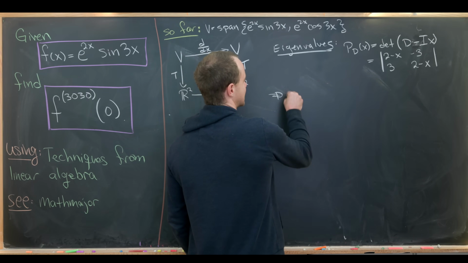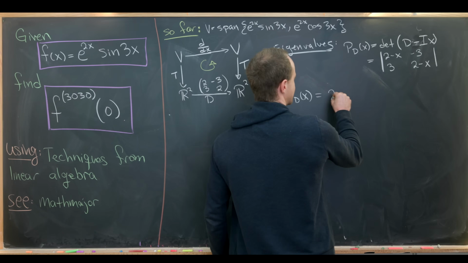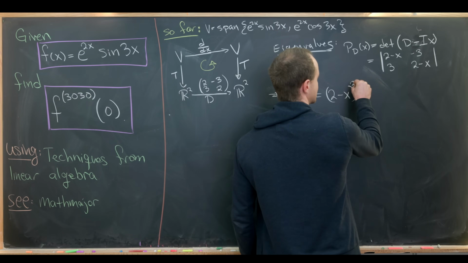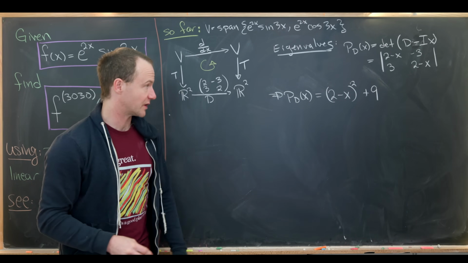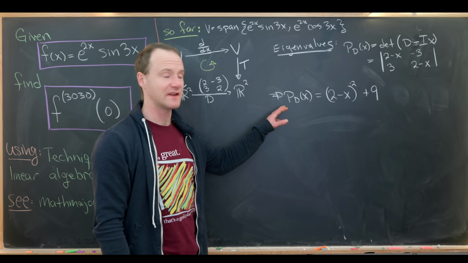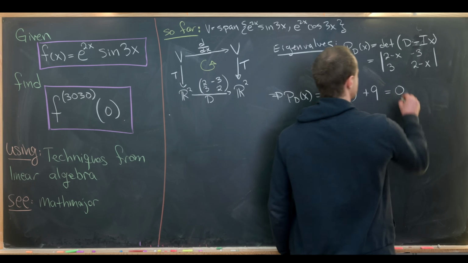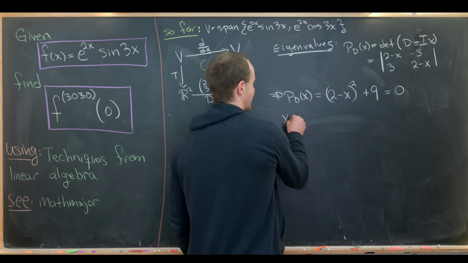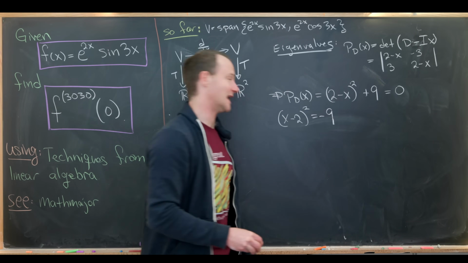So let's see, that's going to give us P sub D of x equals 2 minus x quantity squared, and then plus 9, just because of how the determinant works. Okay, so in order to find the eigenvalues, we need to set this equal to 0 and solve. So if we set this equal to 0, we'll see that we have x minus 2 quantity squared equals minus 9.